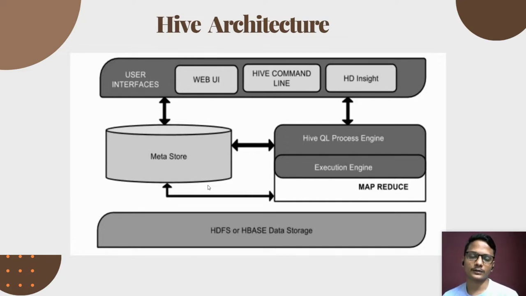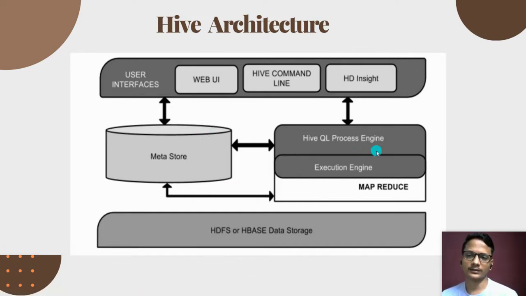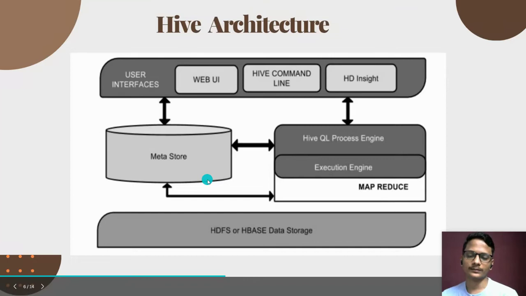It consists of the user interface, Hive command line, HD Insight, etc. on the top, then the metastore which is used to store the metadata, and HiveQL to process the data, and the execution engine to execute the queries that the user requests, and finally the HDFS where all the data is stored in Hadoop.